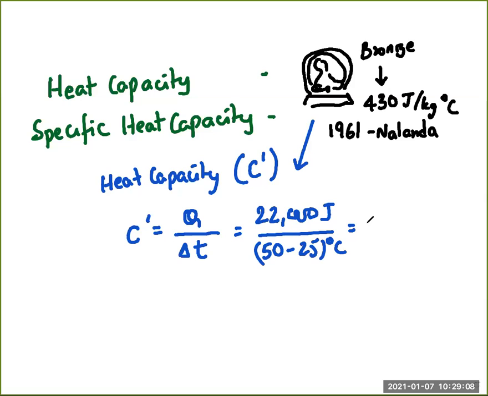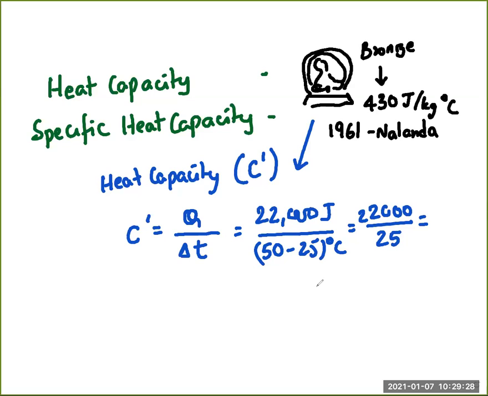By doing this calculation you arrive at 22,000. One of you guys quickly do the math. Divided by 25. So what is the answer to that? Whatever the answer is, that gives you your heat capacity.